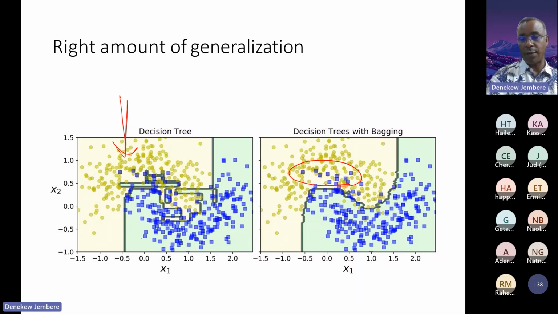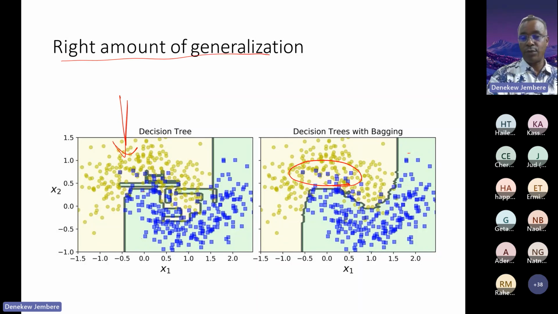So this is the right decision boundary. Any data that comes on the green side would be classified the same as the blues, and any that comes on the orange, or lemon, side would be classified like the lemon. There are some points we would just live with. So this is the right amount of generalization.